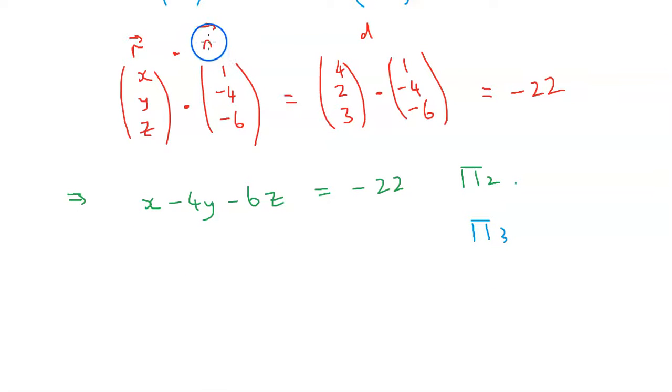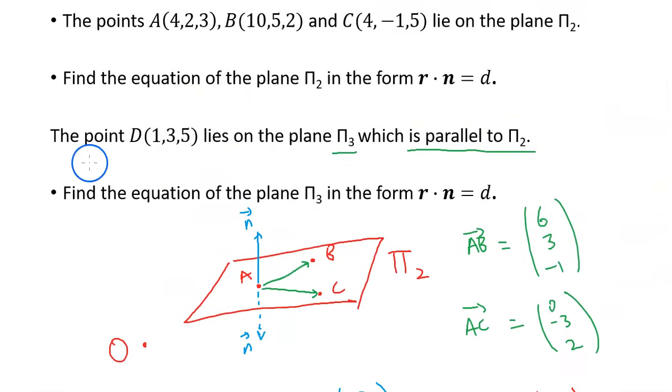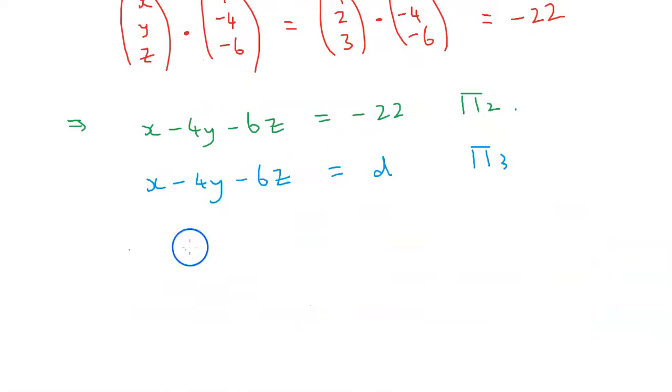But we can use the same n vector, so it's going to be x minus 4y minus 6z is equal to some d value. And to find the d value, we can just observe that this point, x equals 1, y equals 3, z equals 5, is on the plane pi3.